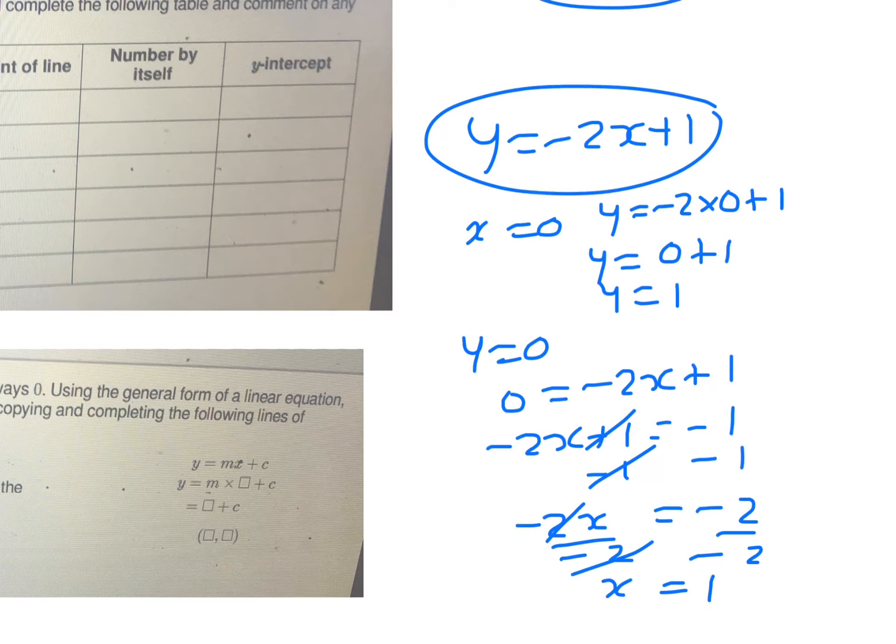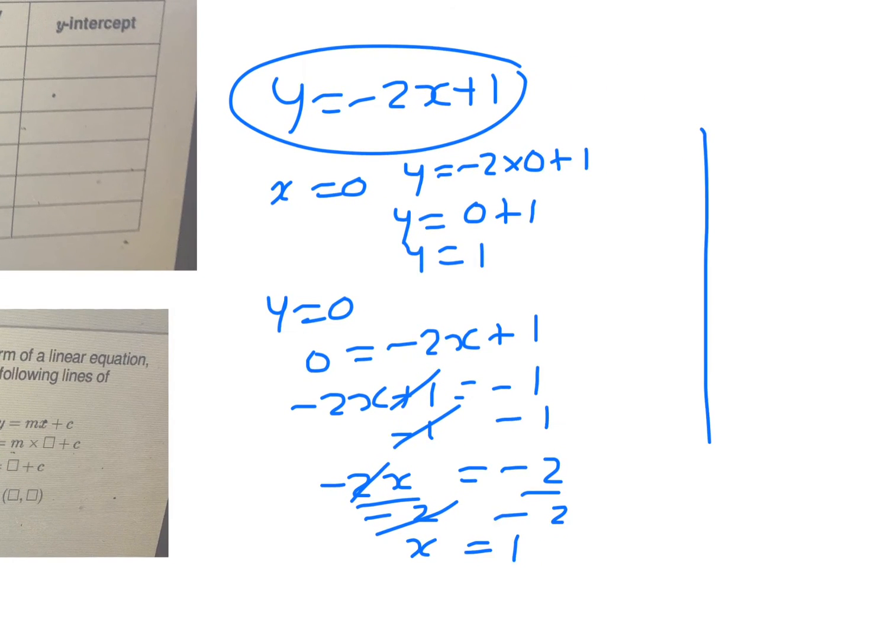So that means that when you go to sketch this line, it goes through 1 on the y-axis, and it'll go through... Whoops, I just spotted a mistake here. That should be minus 1.